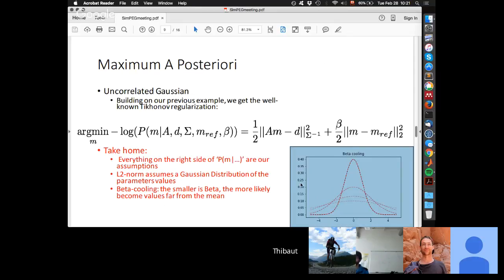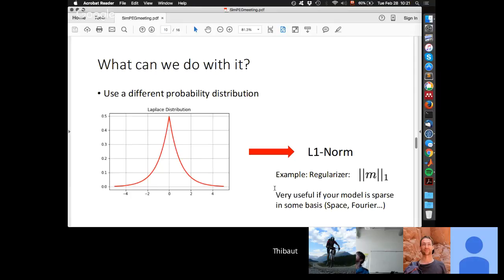So we got back what we already all knew, but I found it really nice to derive it from this point of view and put all the assumptions behind it under the spotlight. So what can we do with it?